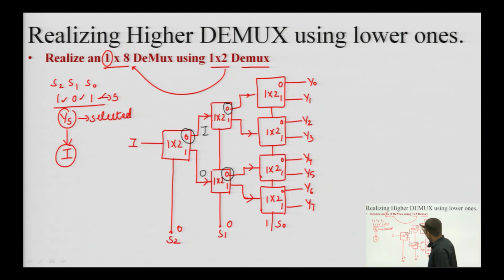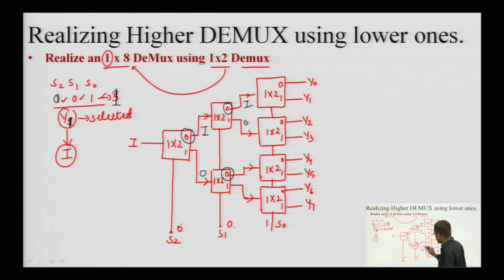So, this I will be passed here, sorry, 101. This S2 is equal to 1 actually, so let us change that value. We put S2 equal to 0, S1 equal to 0 and S0 equal to 1. For this, 001, that means Y1 will be selected and it should be connected to I. So, this I will be connected here, and for this we will have a 0 here.